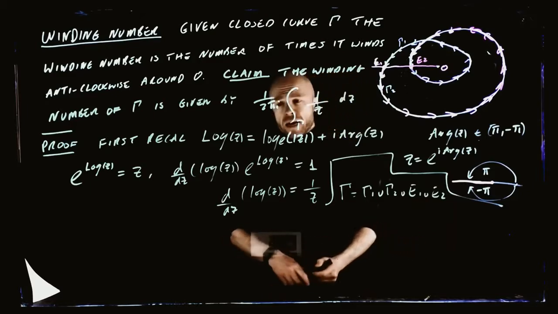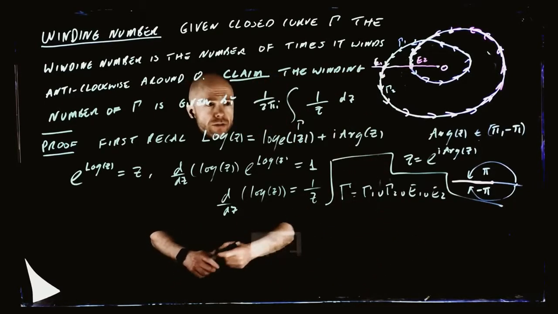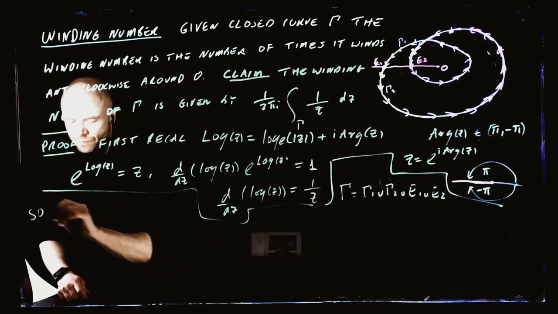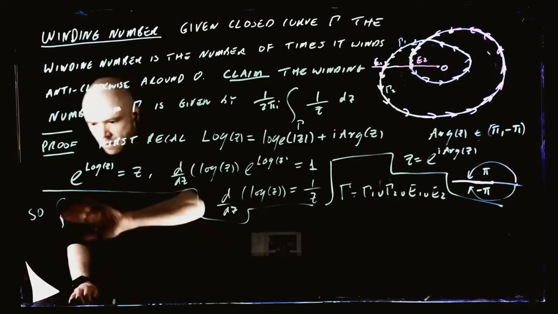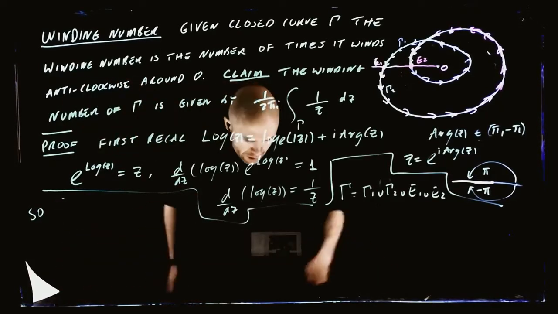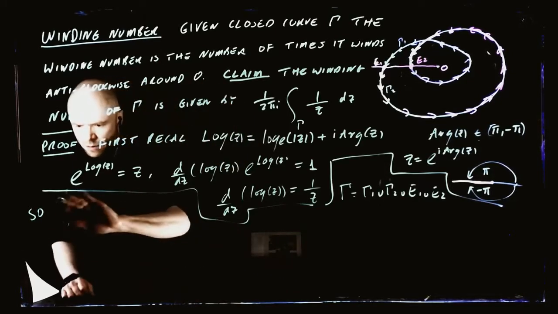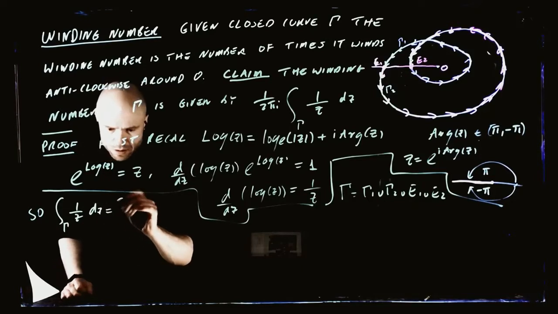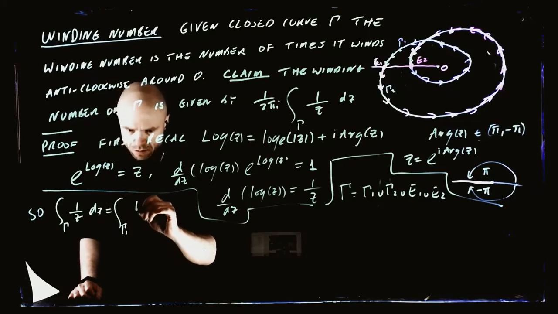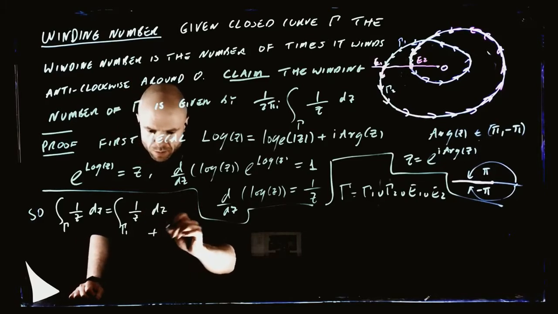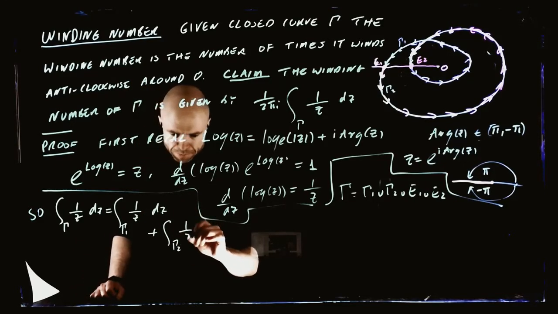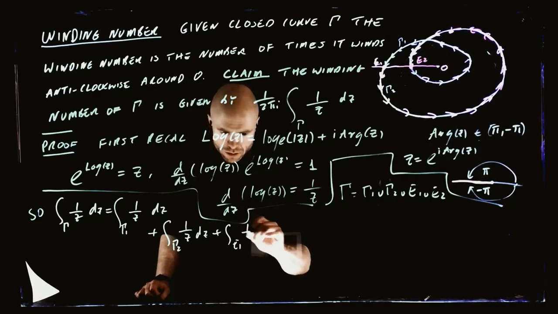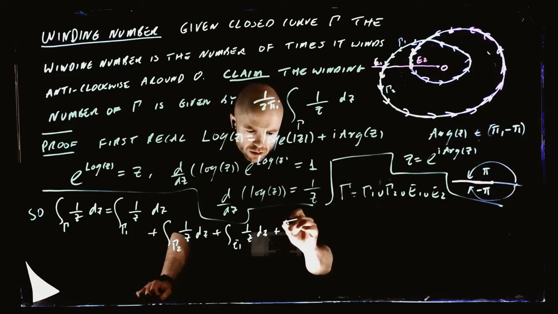Okay? And we are going to think about this integral right here. So the integral over our gamma of 1 over z is the sum of the integral over gamma 1 plus gamma 2 plus these very small errors.